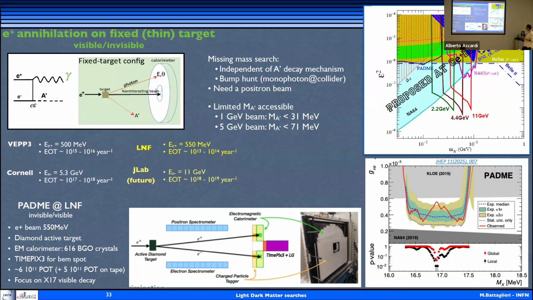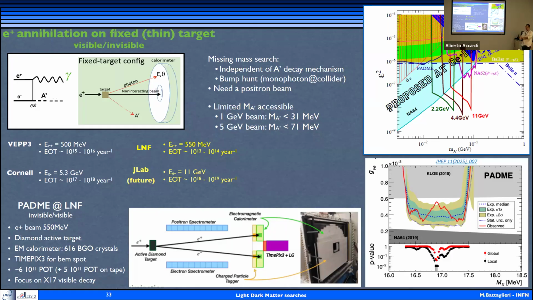The disadvantage of this technique, if you make the calculation, is that the mass area you can cover depends on the positron beam energy, and it goes like the square root of the energy of the beam. So with 1 GeV, you cover an area up to 30 MeV. With 5 GeV, you cover an area up to 70 MeV.